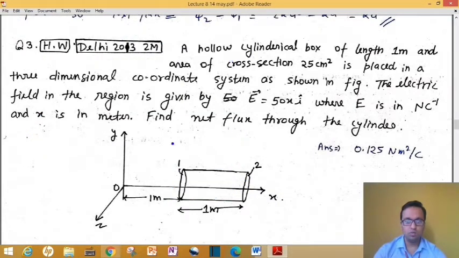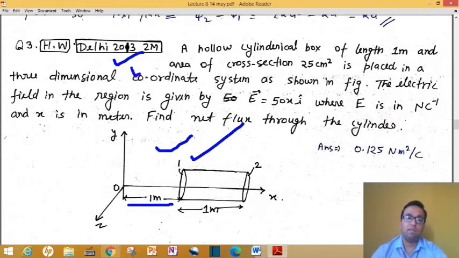Okay, so the question was like that. I am telling you just the diagram only. We have 3 axes x, y, z. Instead of that cube we have a cylindrical surface and it is placed at 1 meter. Now see, try to understand the pattern of NCERT or the pattern of the board exam. Every time they give a problem based on this concept, to calculate the amount of electric flux.